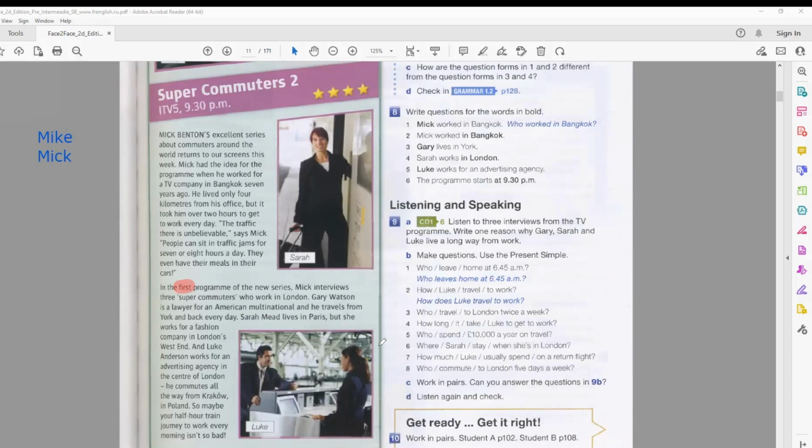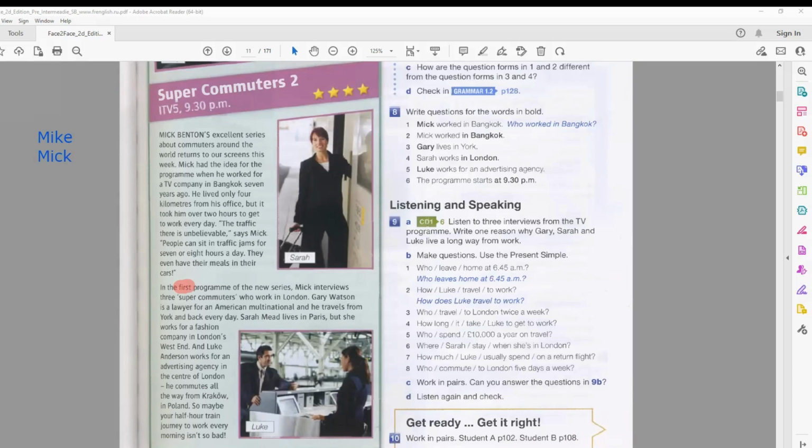Sarah Mead lives in Paris, but she works for a fashion company in London's West End, and Luke Anderson works for an advertising agency in the center of London. He commutes all the way from Krakow in Poland, so maybe your half-hour train journey to work every morning isn't so bad.